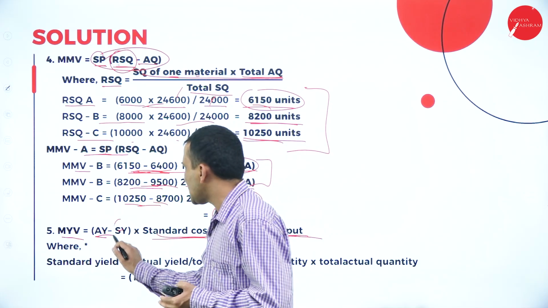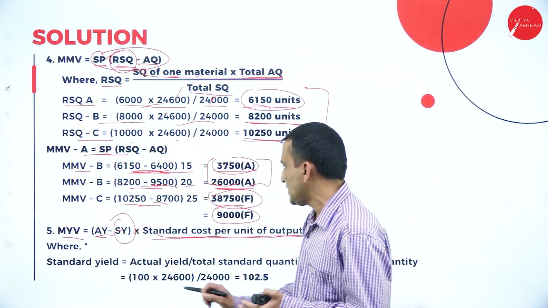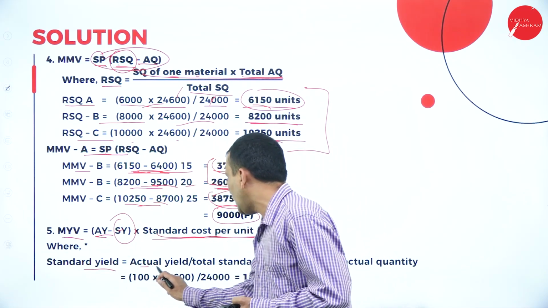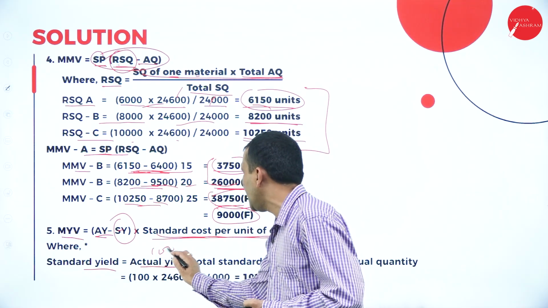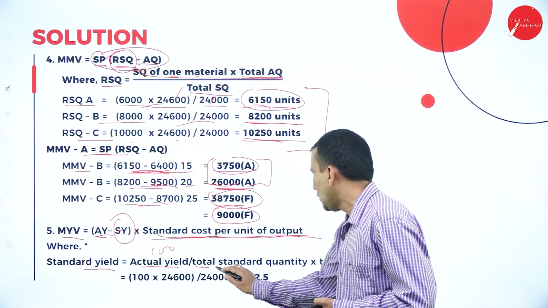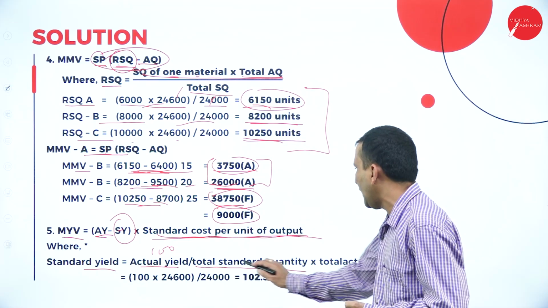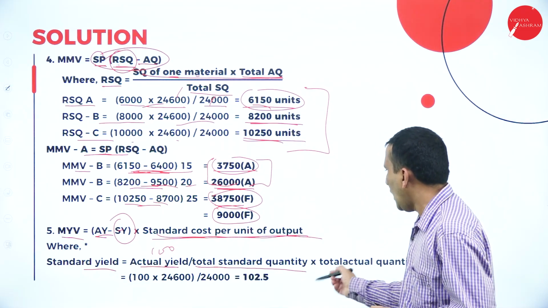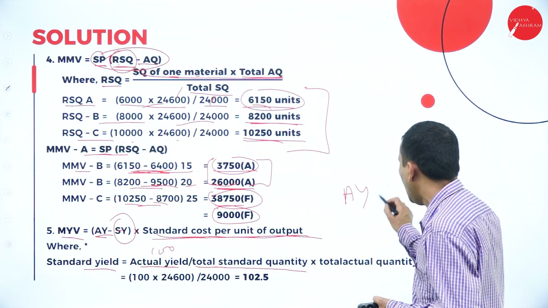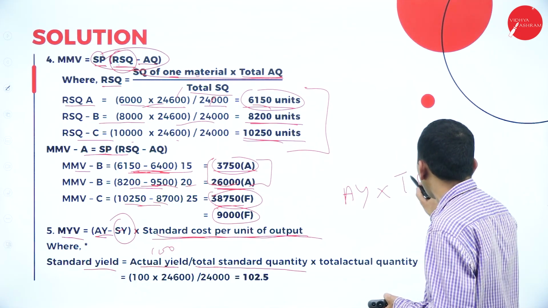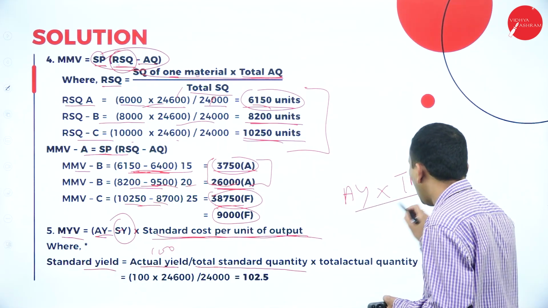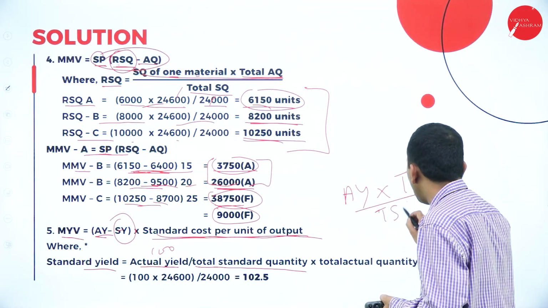So here standard yield, how to find out? It's very simple. Standard yield, actual yield, which is 100, is given in the question, or we can write actual yield into total actual quantity divided by total standard quantity.